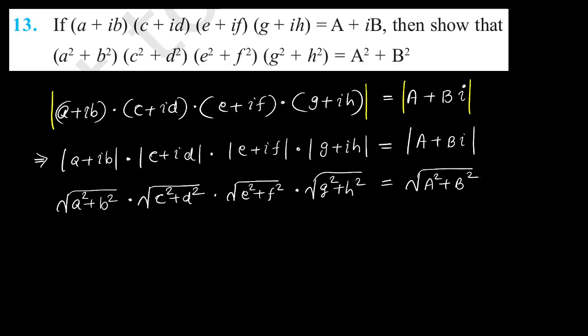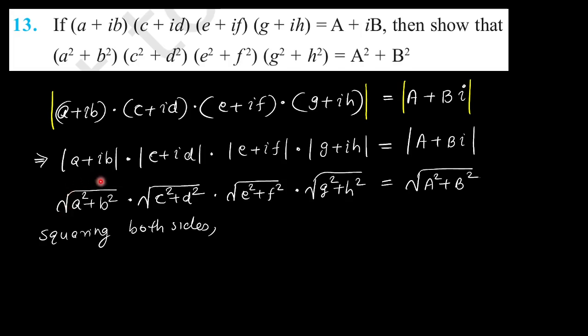Yes, sir. Now let me square both sides. Listen, why am I taking the square? Because I want to remove the square root. If there is a product, when you square the left side, we square each term.